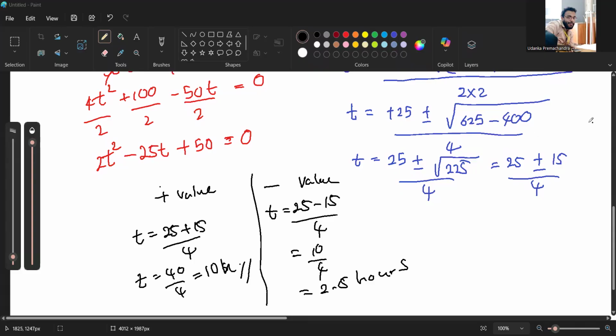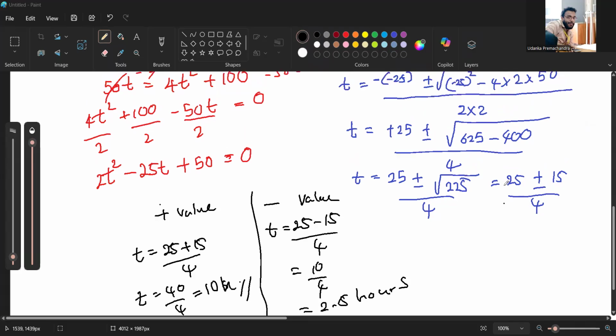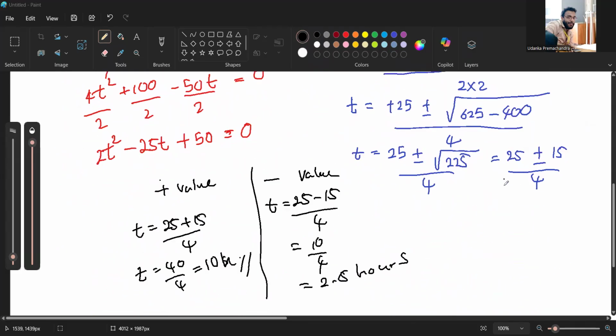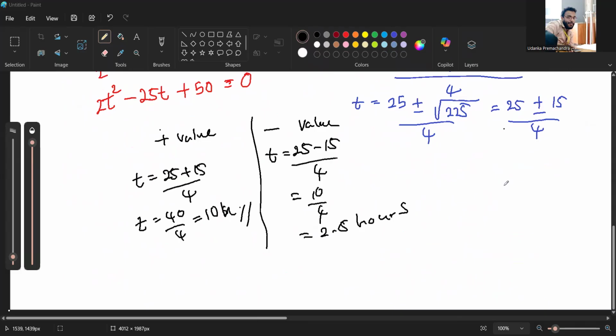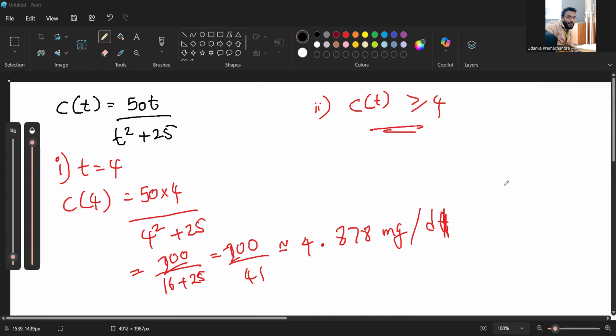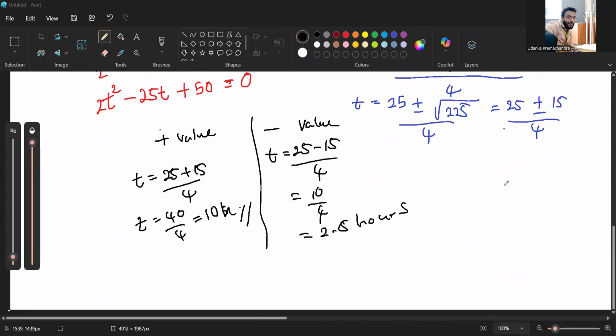And we'll move to the third part. Here are the first two parts, one, two, and we'll move to the third one.